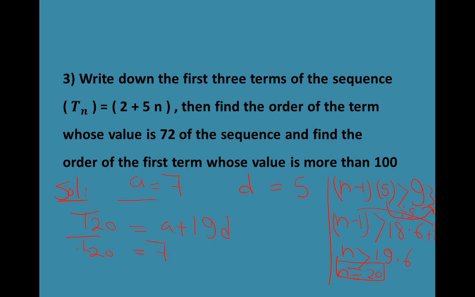T20 equals 7 plus 19 multiplied by 5, which equals 7 plus 19 times 5 equals 102. The first term which is more than 100 is the 20th term, and its value equals 102.